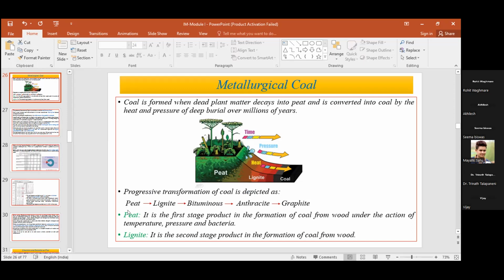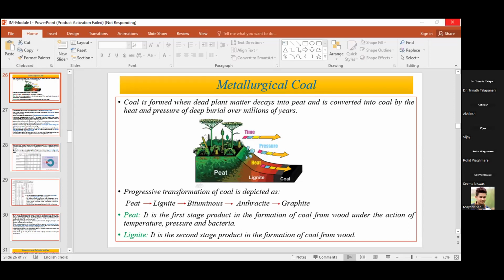As time passes, this transformation takes place under pressure and heat below the crust. Peat is the first stage product in the formation of coal from wood, and it converts into lignite, which is the second stage product.